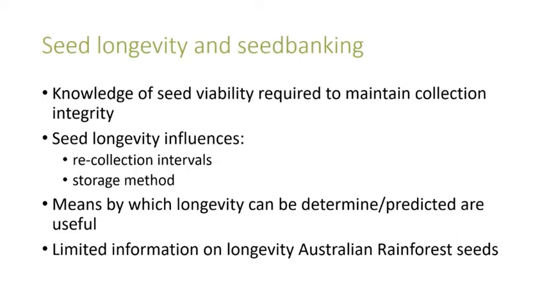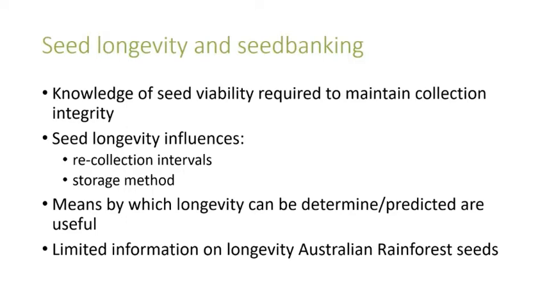And this information is important to maintain the collection integrity. So seed longevity influences recollection intervals. That is when we go and get more material, fresh material to put into our seed banks, and it can also influence the storage method. So therefore, means by which longevity can be determined or predicted are quite useful for seed bank management.